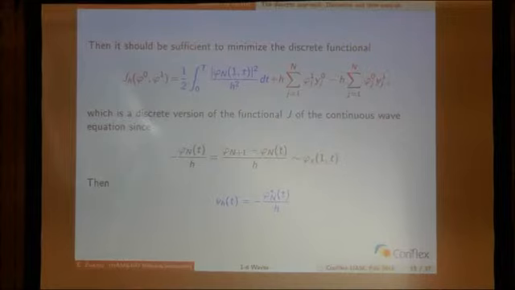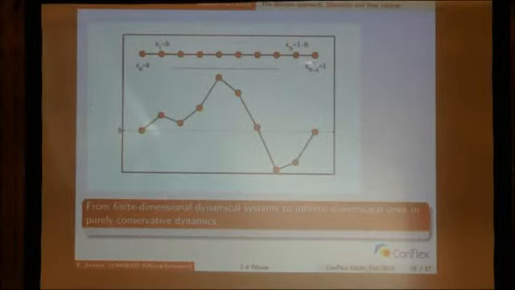Why? Because in this numeration of the nodes, the left extreme is given by the index 0, the right one by the index N plus 1. All the other internal nodes go from 1 to capital N. The gap is given by h.